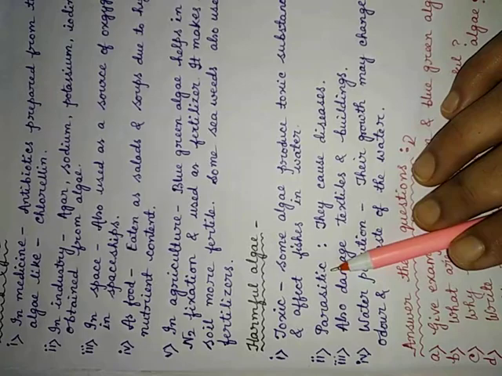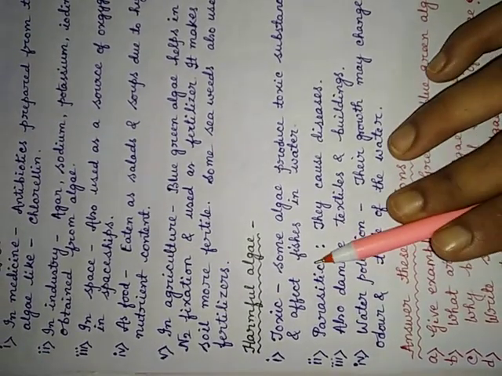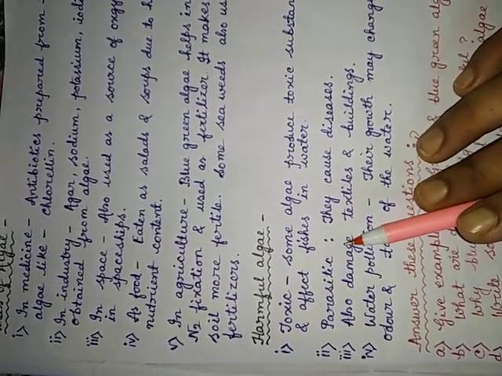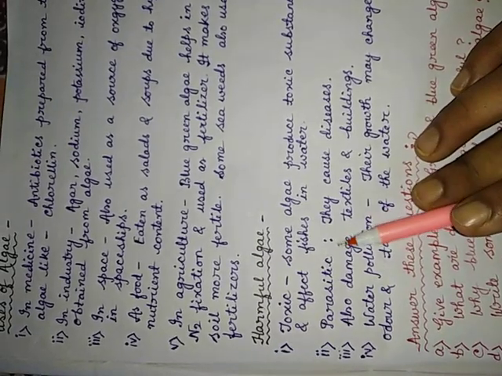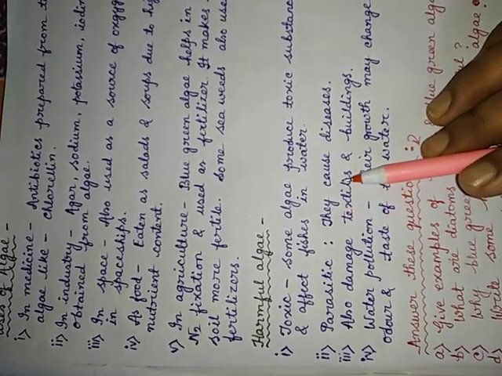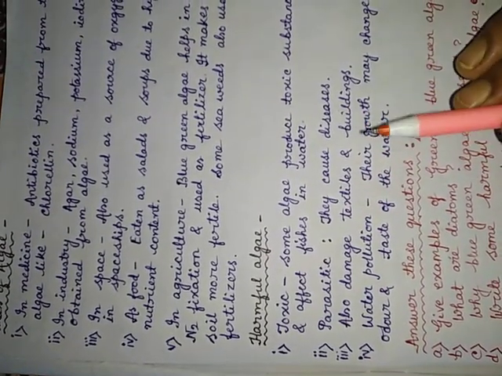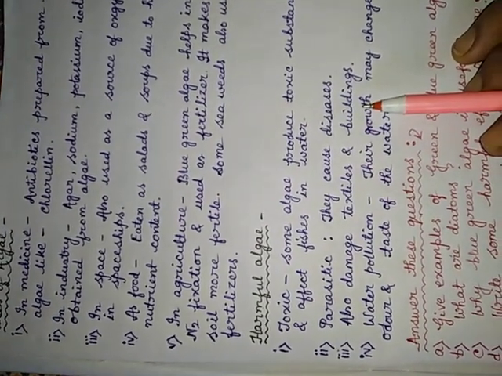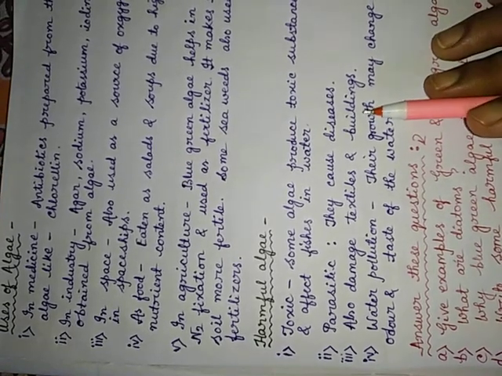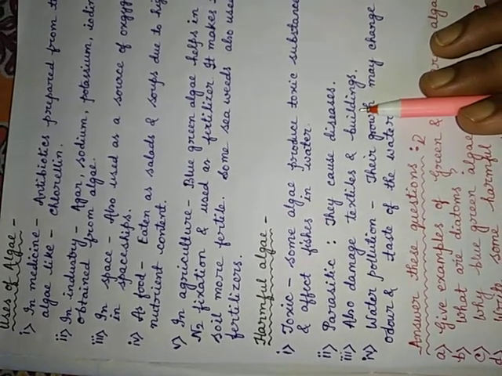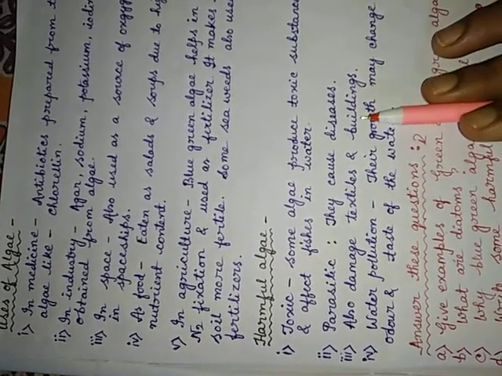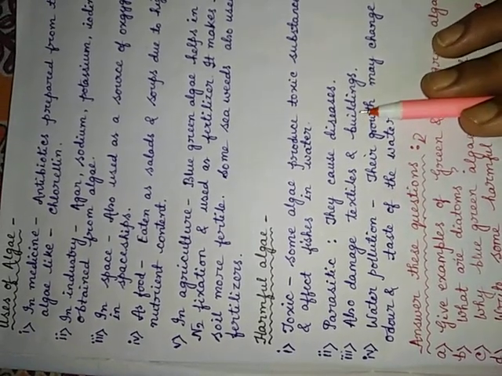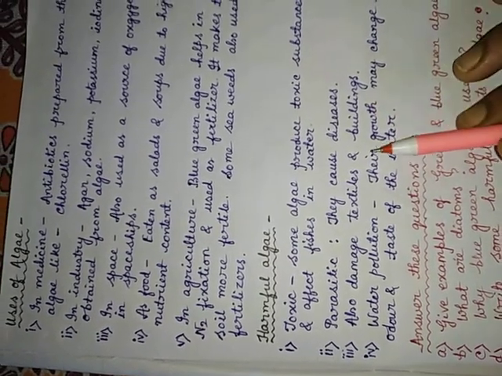Number two is parasitic. We know that parasites are living organisms that depend on other organisms. So some algae are parasitic in nature and cause several kinds of diseases. Number three, they also damage textiles and buildings. We have already seen that a multi-storied building, if not used for several years or not repaired properly, gets algae growth on the wall and on the roof.